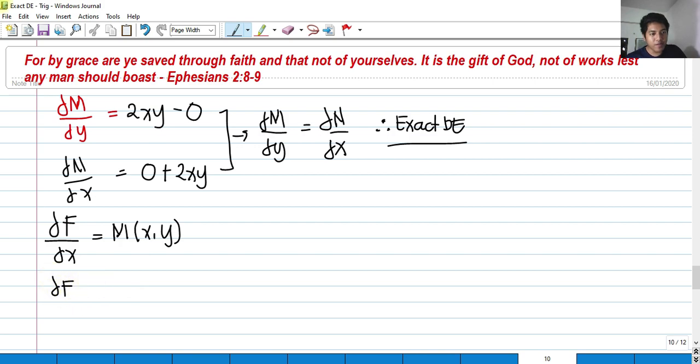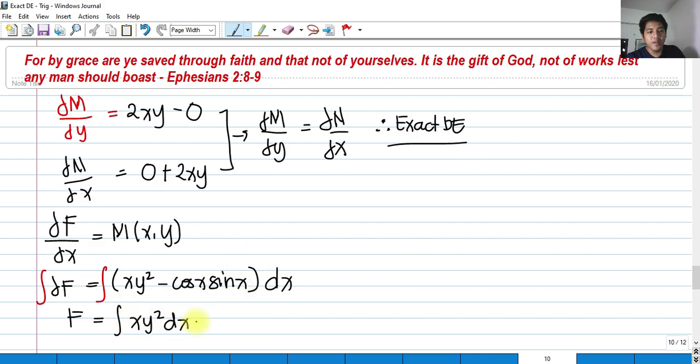So we have the partial of f equals M, which is xy squared minus cosine of x sine of x, the value that we had a while ago, and then we transpose the dx here. If we integrate this, we distribute the integral sign: integral of xy squared dx, that's the property of the integral, minus integral of cosine of x sine of x dx.